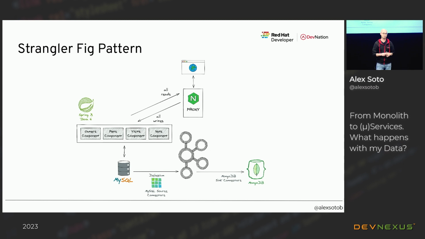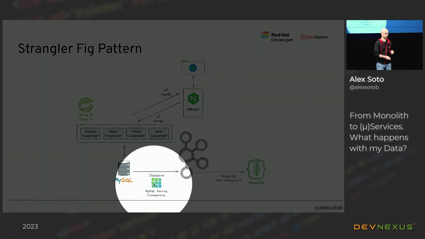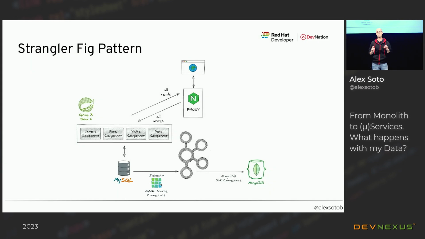The next thing that you need to do is, of course, create a Kafka broker, then put a topic, deploy the MongoDB, and configure Debezium. So here I'm configuring Debezium, as you can see here, the logo. And basically, I'm still redirecting all the traffic to the monolith.